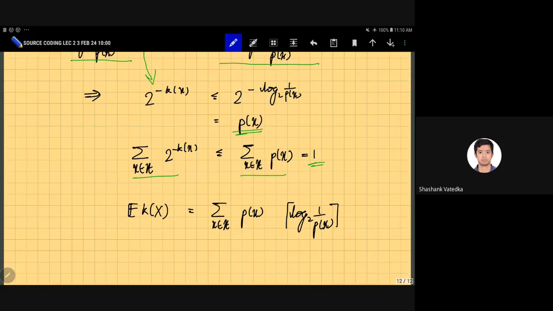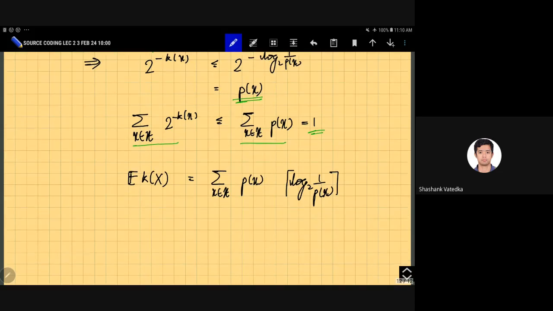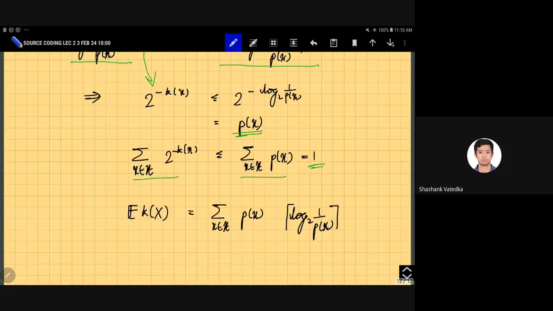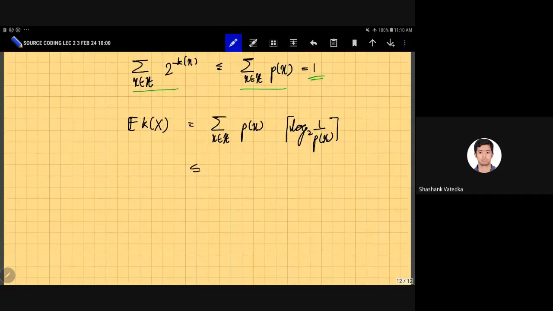Now, for a general P of X, what is the expected length that we can achieve? Or can we at least get a bound on the expected length? How close is this to entropy? Let's substitute for K of X. So K of X is the ceil of log of 1 over P of X. And we know from the second inequality over here that this is less than or equal to the sum over all x in X of P of X times log 1 over P of X plus 1.